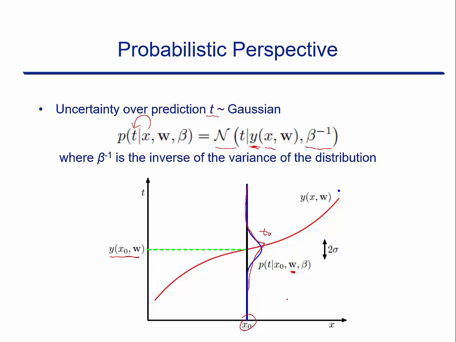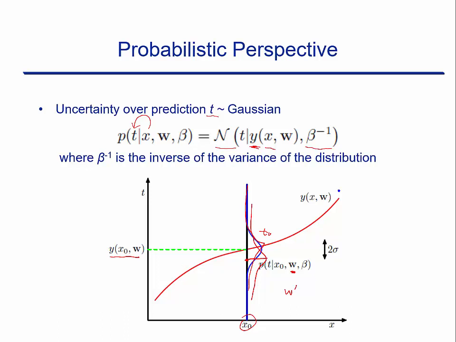Now suppose we have another parameter w prime, and the distribution looks like this one. Obviously it is not centering around y of x0. Now this is not a very good estimator, right?